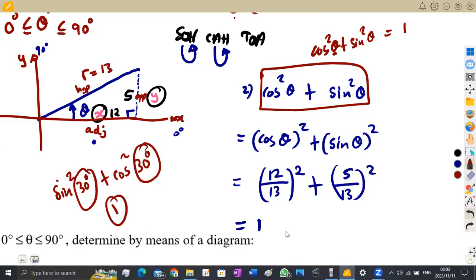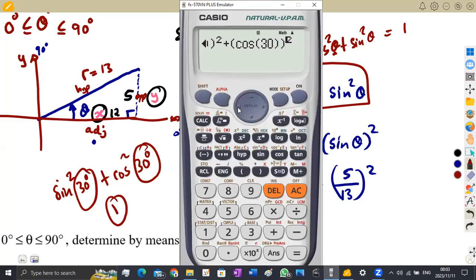Whatever angle, as long as these angles are the same, even if I put 45 degrees here and also 45 degrees here, you're going to get a 1 always. So it's an identity that you are supposed to know.